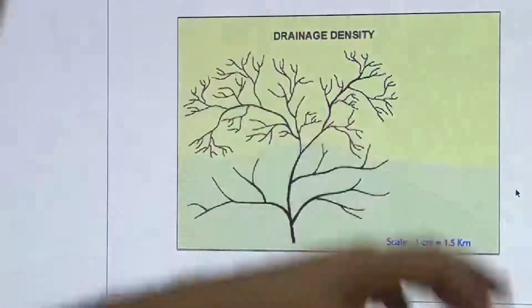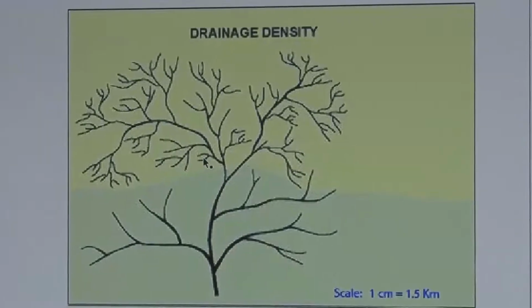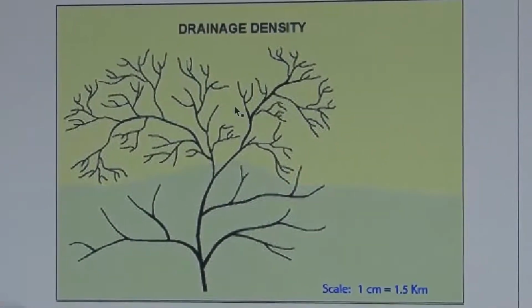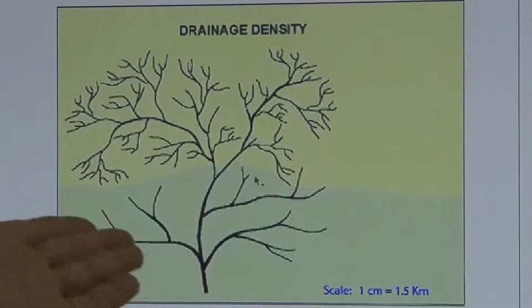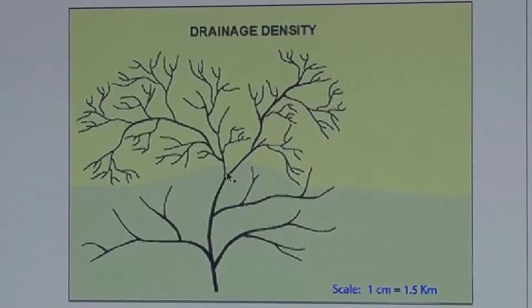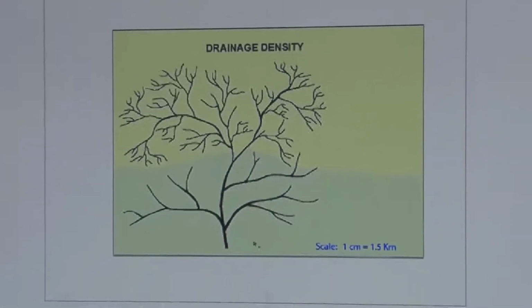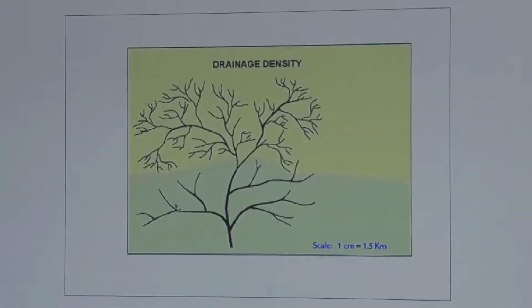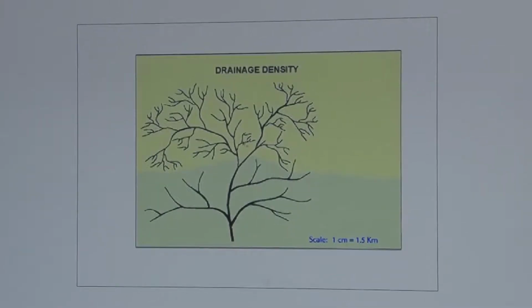So you have drawn this drainage pattern, which is prominently a dendritic drainage pattern. You are looking at this part, which has different shades. Why? Because I have marked it, as this part has a low density of drainage system, while this part has the high drainage density.